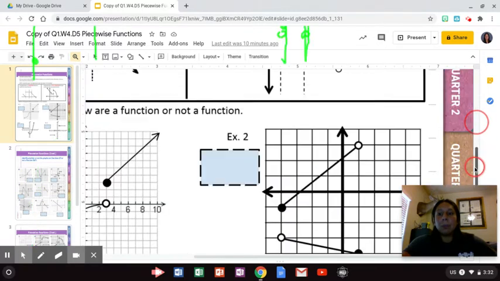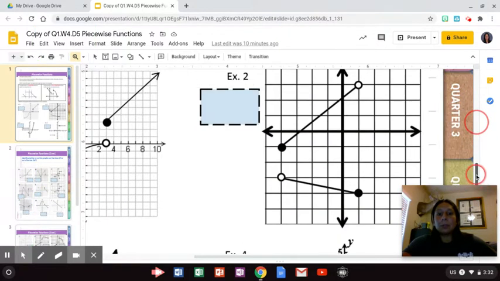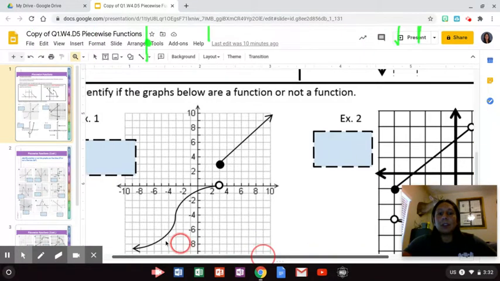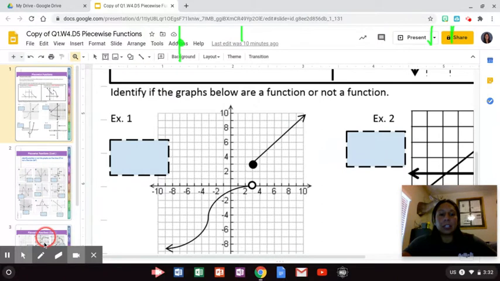Example 1, if you look below, these aren't worked out for you. So it says to identify whether the graphs are functions or not a function. So we want to figure out, does it pass the vertical line test? If I draw a vertical line, it hits once right here. So then I can keep going. And if I were to draw a vertical line, it hits right here, vertical line, 1 point. So it's only hitting 1 point at a time.